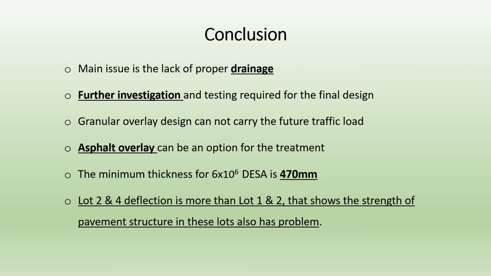We need more valuable data, for example, where our services are. If the existing services are lower than our pavement, then we can dig out the existing and overlay with the new design, which is what we need at the moment with the new traffic load: 470 mm of pavement.